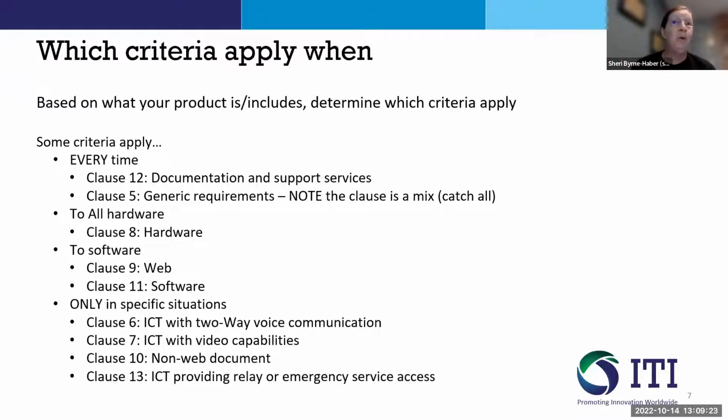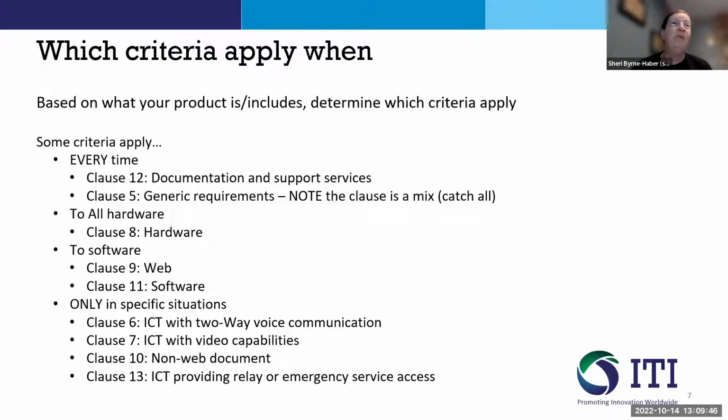The generic requirements are going to apply every time. Now that clause has some subsections that may not apply, but you definitely have to look at it for every single product. If you've got hardware components, obviously clause 8, which pertains specifically to hardware, applies. Otherwise, you can mark that not applicable.